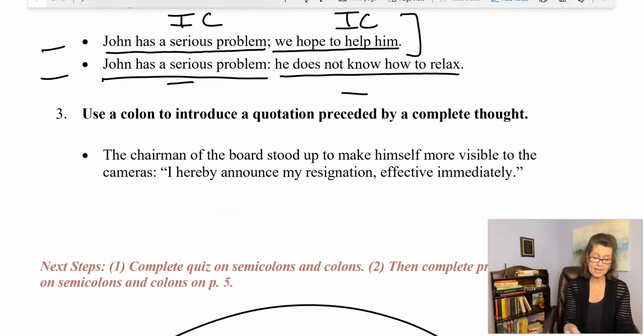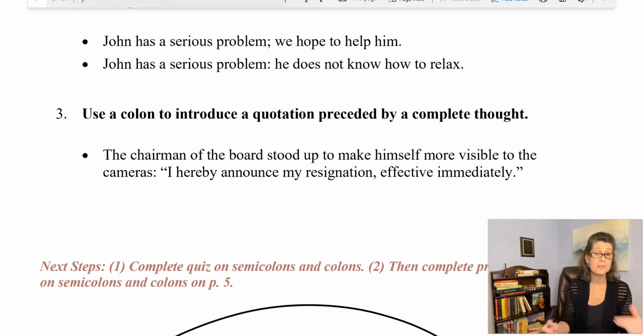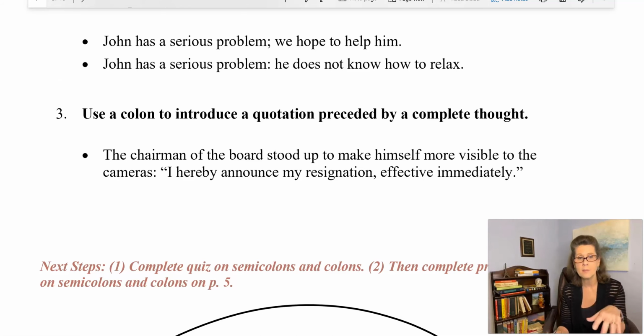And then the last thing we do with the colon, and you'll see this later when we talk about commas, but typically when we have a quote, we have a little speech tag like John said, comma, or Kenesha noted, comma, or Bailey commented, comma. Those are called speech tags.